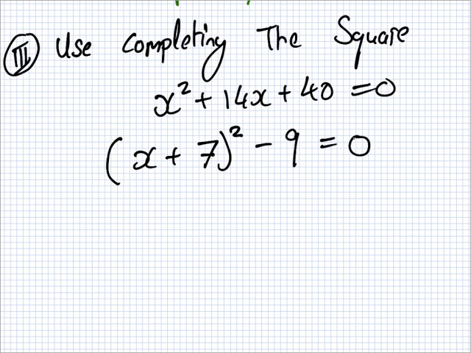You might say, how is that helpful in solving the quadratic? Well, what we can do now, which we couldn't do previously, is take this 9 to the right and get something quite easy to solve: x plus 7 squared equals 9.